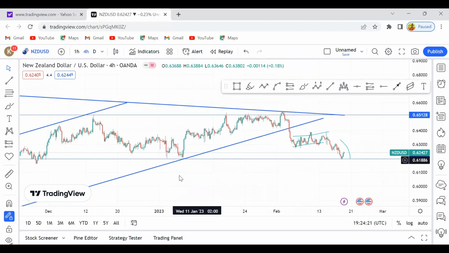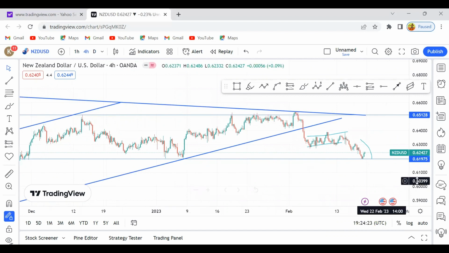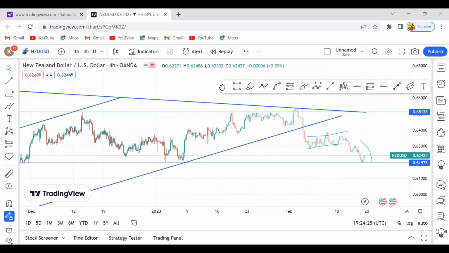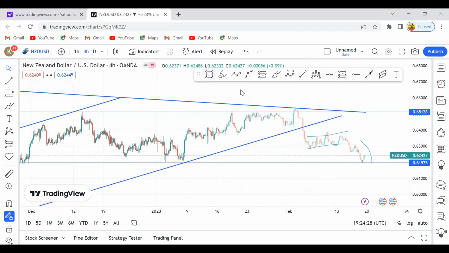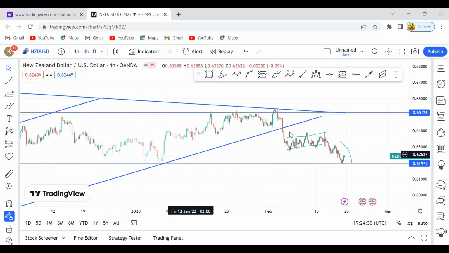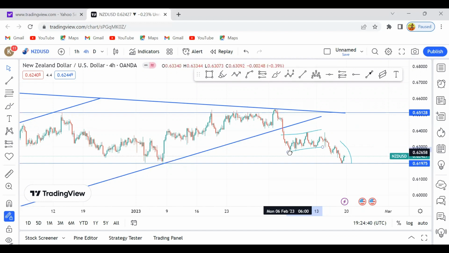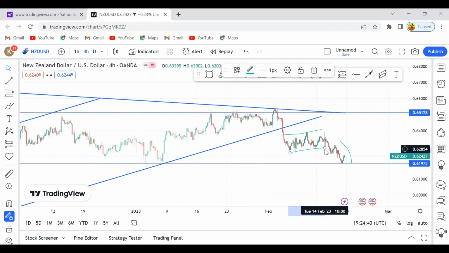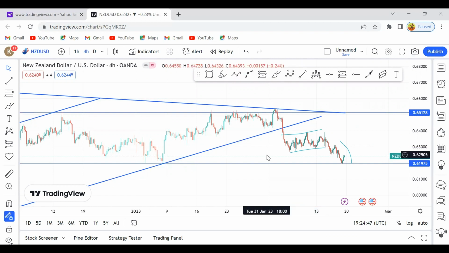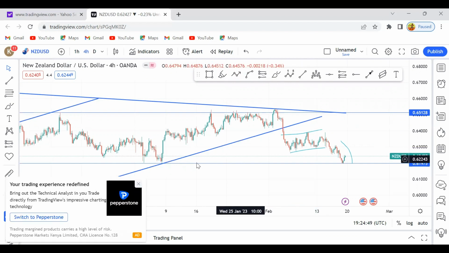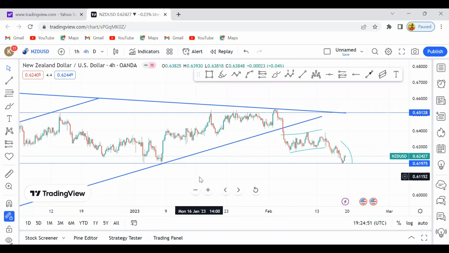So on the 4-hour time frame, this is what we're actually looking at on NZDUSD. Since we have been moving in this type of channel and also have this flag right here, we can say that NZDUSD is going for more sells than buys, as the dollar is gaining strength against the New Zealand dollar.